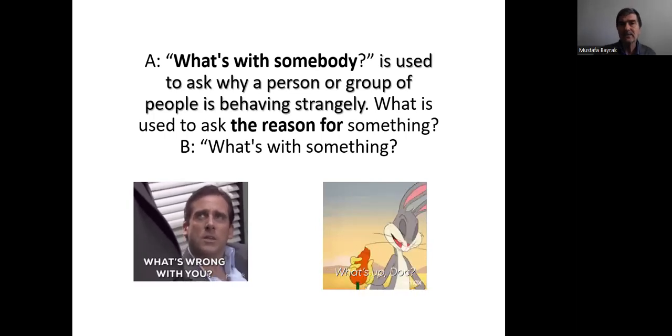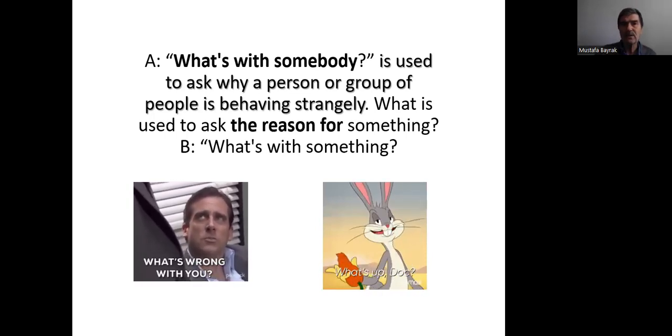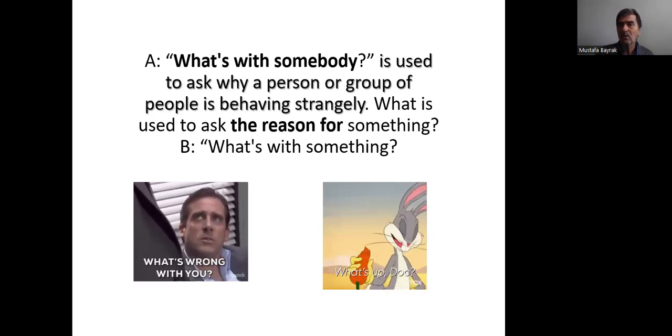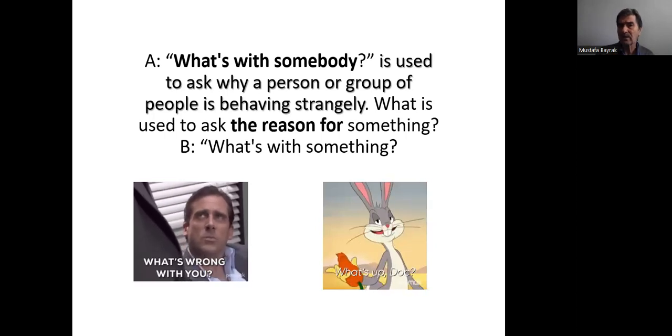Yes, what's with somebody is used to ask why a person or group of people is behaving strangely to understand the problem. What is used to ask the reason for something? Of course, what's with something? Yes, we ask what's with something. We want to learn the reason for that problem, because there isn't a problem without a reason.